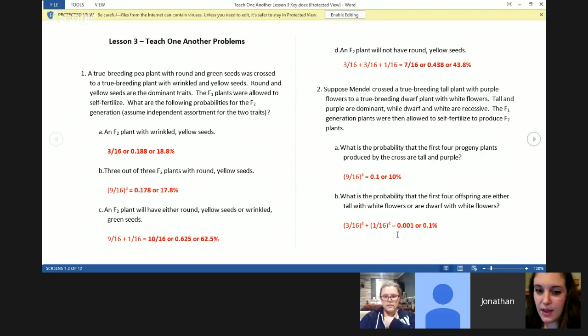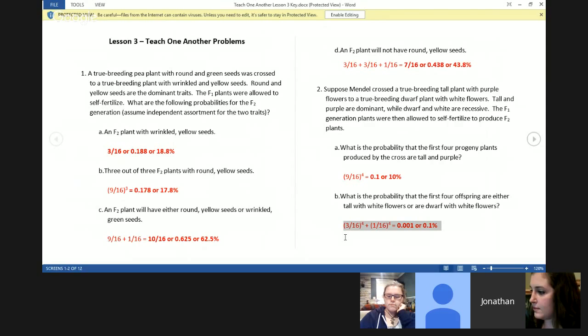See, that's what I thought too. But like Shelby said, we multiply first and then we add those probabilities together. If you look on Jonathan's screen, he pulled up the answer key. You can see you multiply or do the product. I mean, what is it? Power. That's the word. Interesting.